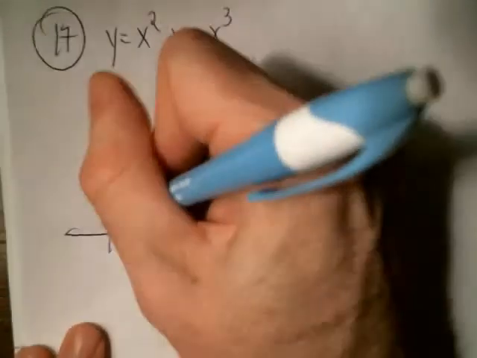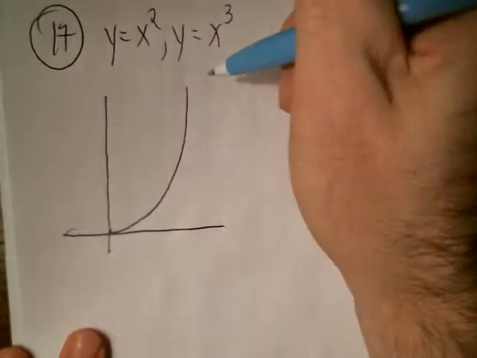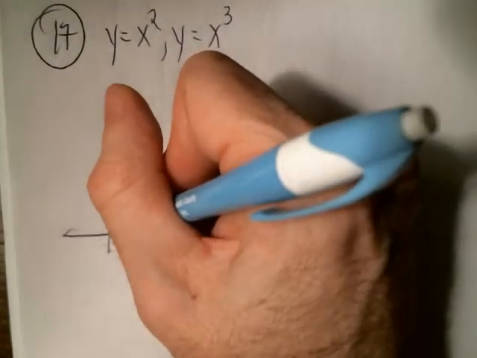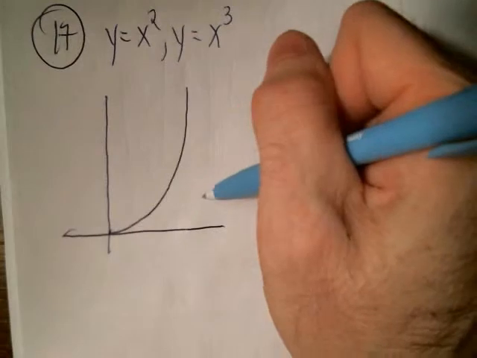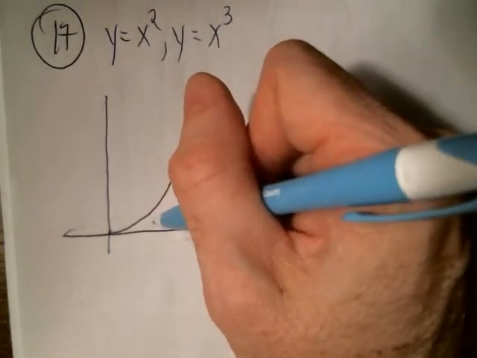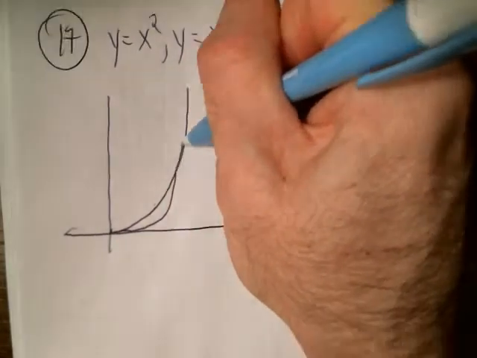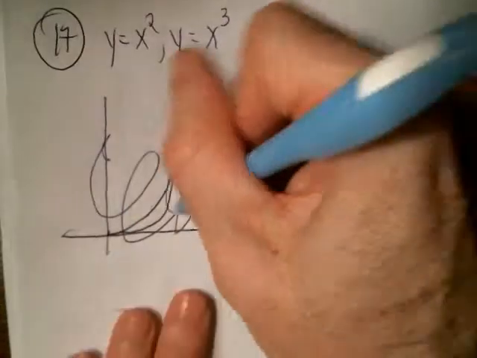So y equals x squared is a parabola. It's like this. Y equals x cubed, does that go lower, right? So if I had 1/2, it'd be 1/8 versus 1/4. So yeah, it's lower, and then it goes up like that. Let me redraw that.